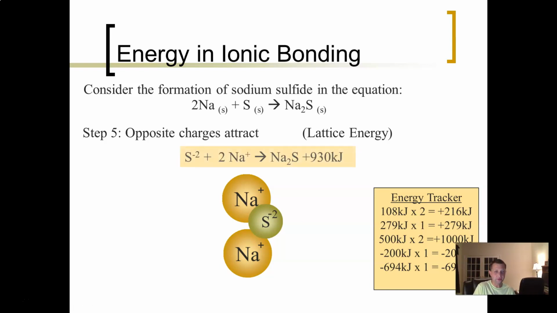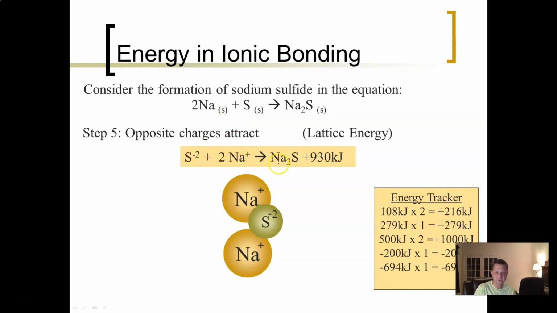So when you write your equation, if you look this up, it's 930 kilojoules. It's a negative 930 for your delta H. So how do you write it? Find your details here. S minus 2 plus 2Na plus yields Na2S. Guess what? It's basically your formation equation, but in the ion form here.